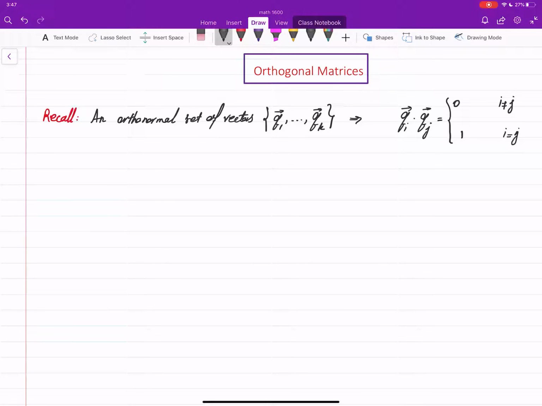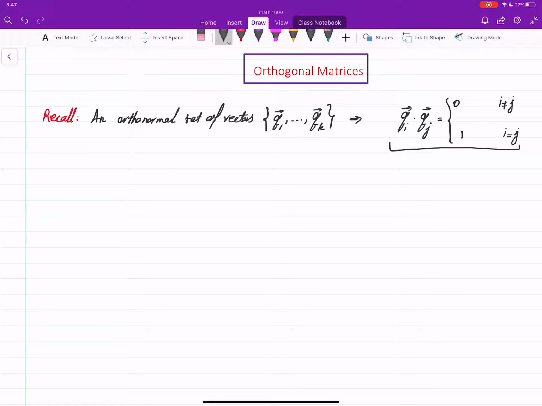So the first step is that we want to write these conditions as a very simple matrix multiplication equality.